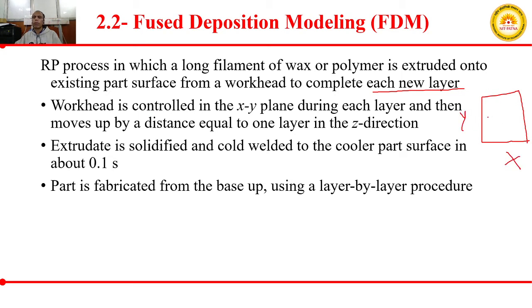So what we are doing in the case of RP technology, we have a nozzle, and through this nozzle your material is deposited on this base surface layer by layer. Suppose this first layer is getting printed like this, and your material is deposited on this. Then the deposition of the second layer takes place like this.